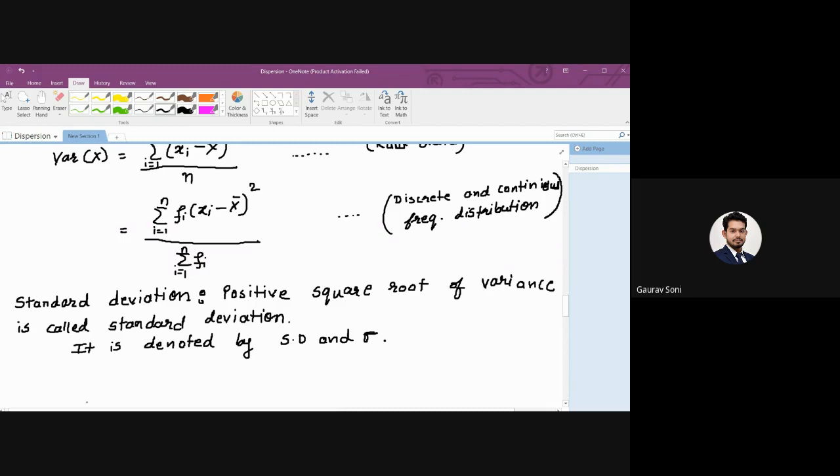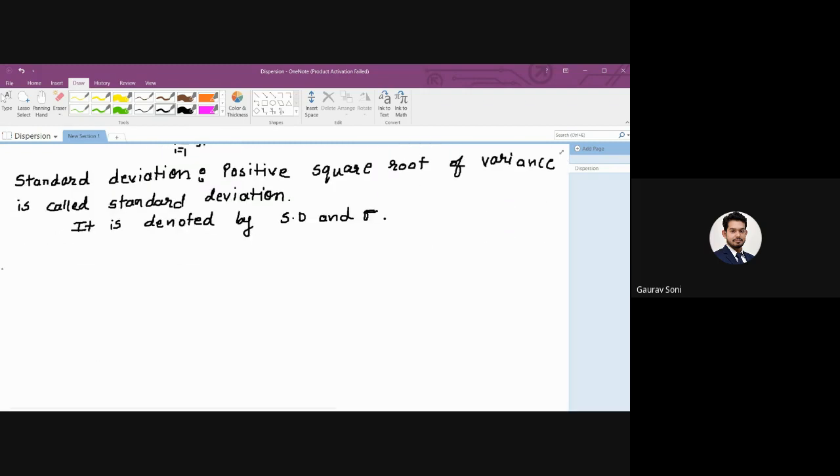The formula for sigma is equal to under root summation xi minus x bar whole square divided by n, i running from 1 to n. And this is for raw data.